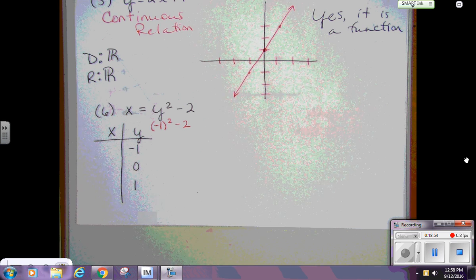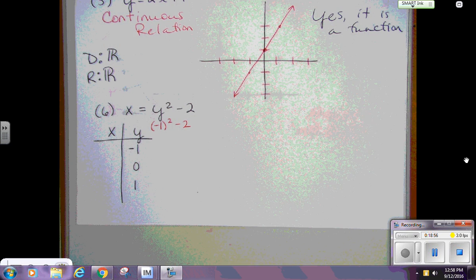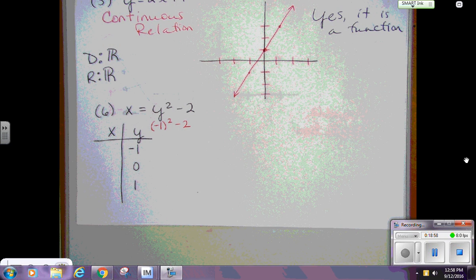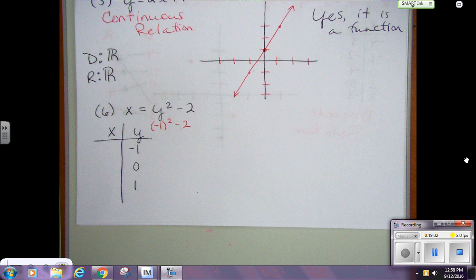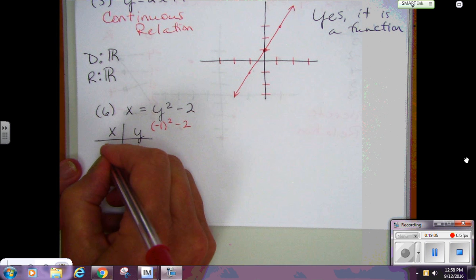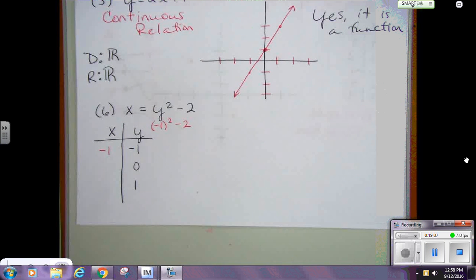So x is -1. When y is 0, x is -2. And when y is +1, what's x going to be? -1 again, right?